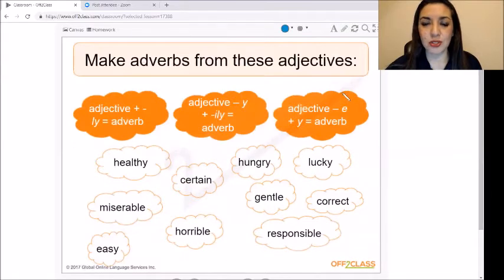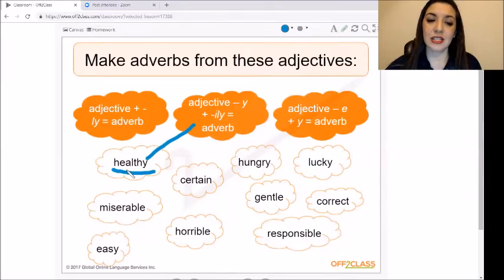All right, so now let's take a look. Based on the rules and the notes we've just learned, what would you do with the word healthy? Yes, you take off the Y and add ILY. Healthily. I like to eat healthily when I am trying to lose weight.